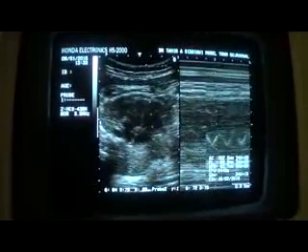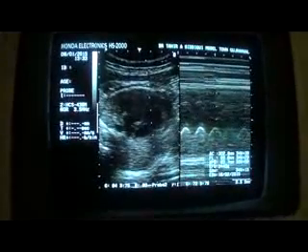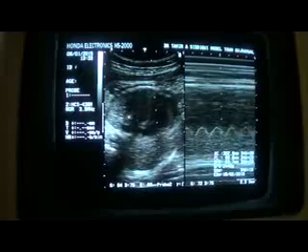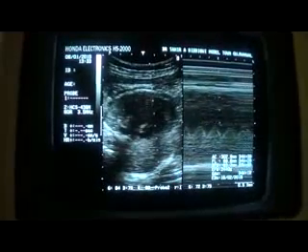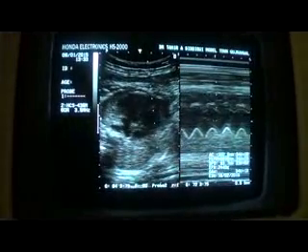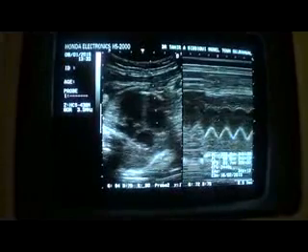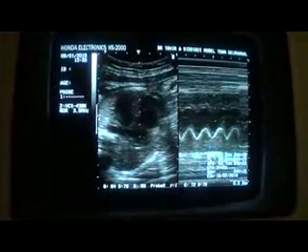And here you place the cursor on either this flapping structure or this one. Anywhere you place it, you will get a waveform on the left side of your screen.